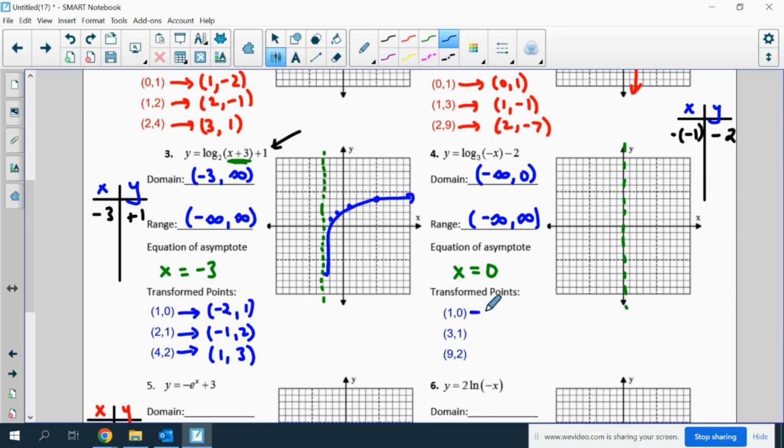So now let's transform the points. If I multiply all of my x's by negative 1, then I shift my y's down 2, I end up at negative 1, negative 2, negative 3, negative 1, negative 9, 0.